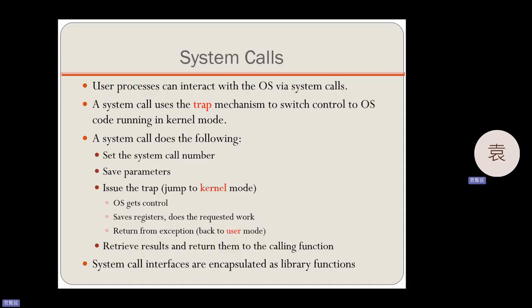Only the trap instruction, inside which the operating system takes control, sets the relevant registers, and does the actual operating system work, until the return from the exception back to user mode, is executed in kernel mode.